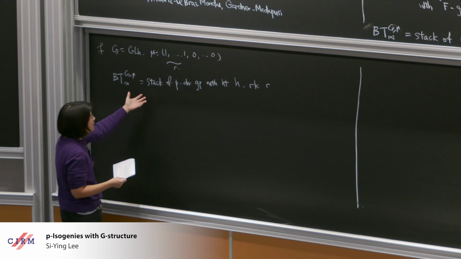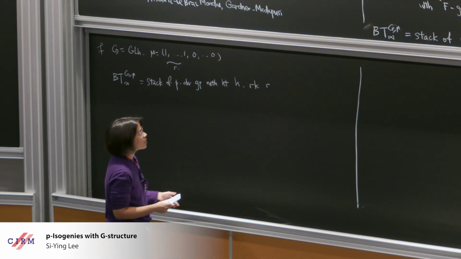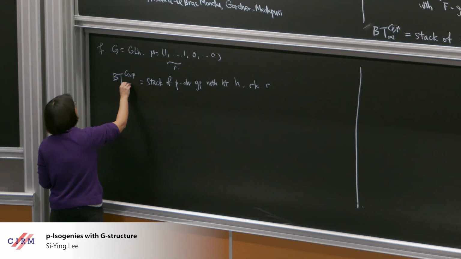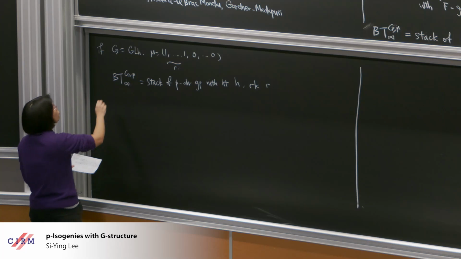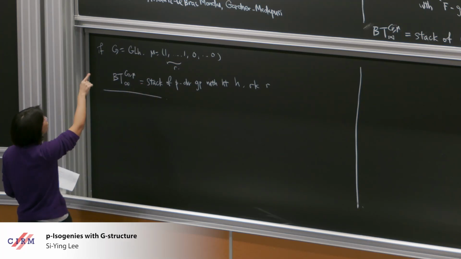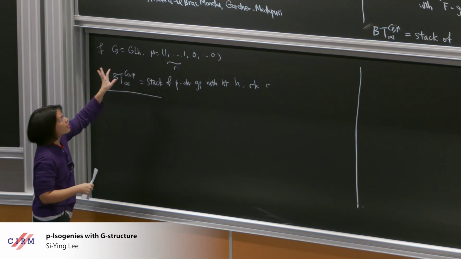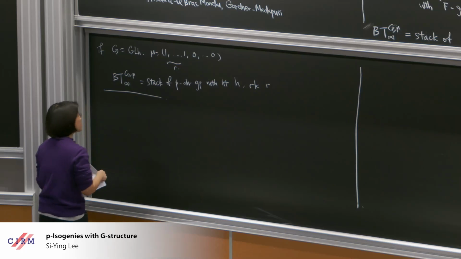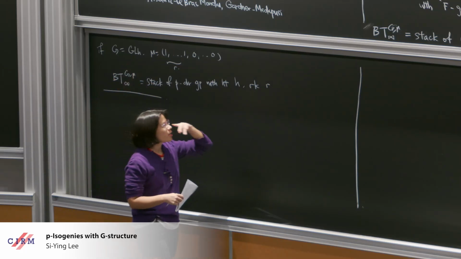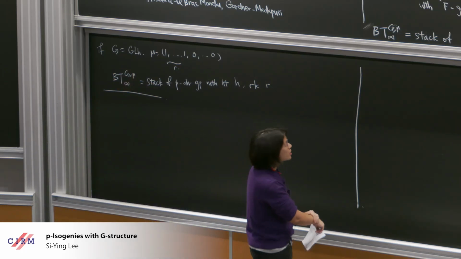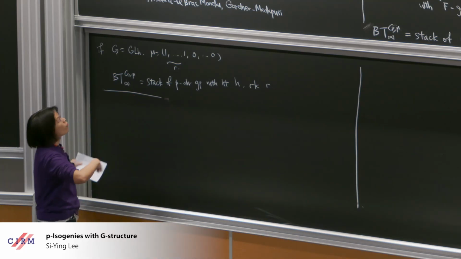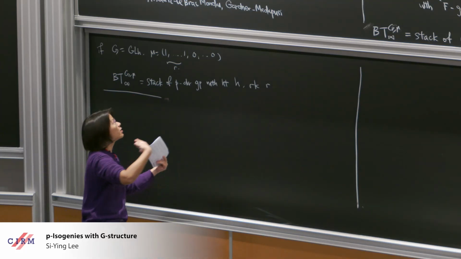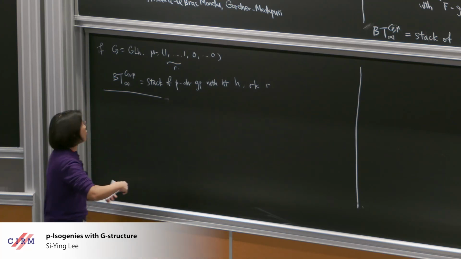First, let me explain something which is not the answer, but which I think motivates why the structure of the answer is the way it is. Let's go back, because we want to draw this analogy between the syntomic realization and the crystalline realization. In the crystalline case, what is a quasi-isogeny in that setting? Well, you might say it's a quasi-isogeny if, when you pass to the isocrystal, in other words when you invert p, that's an isomorphism.